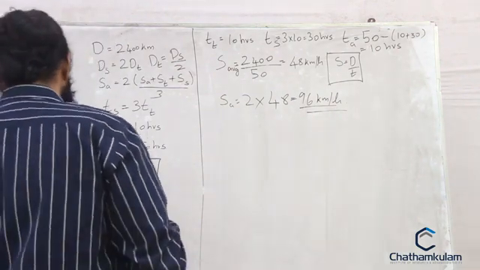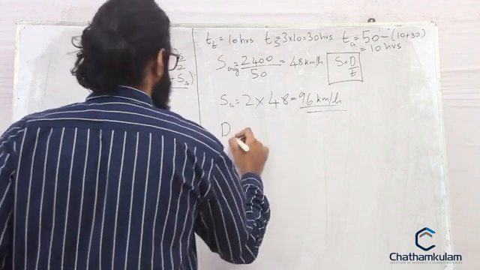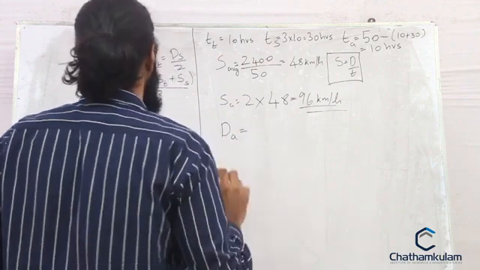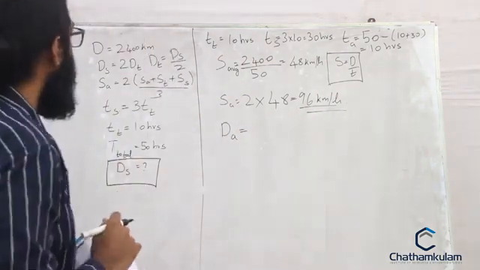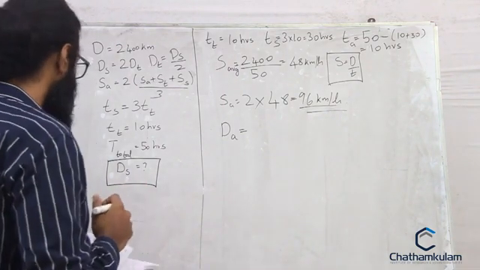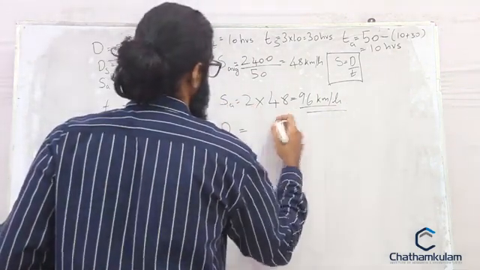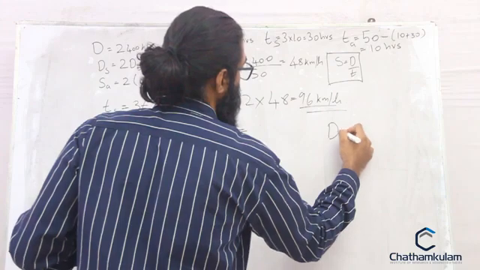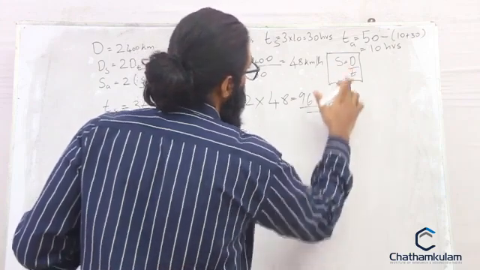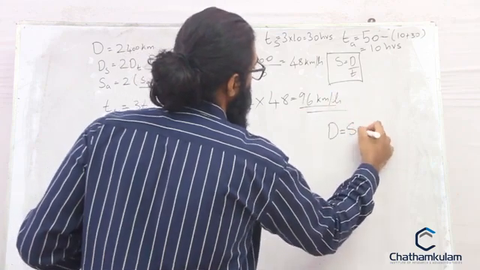Next we have to calculate the distance travelled in aircraft. We already know speed equals distance by time, so distance equals speed into time.